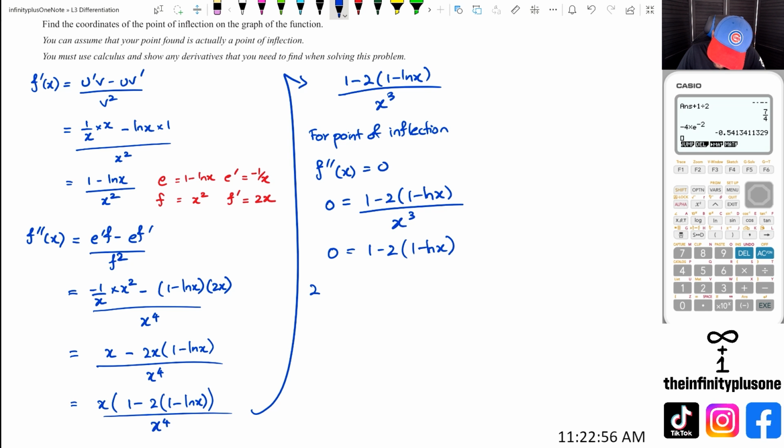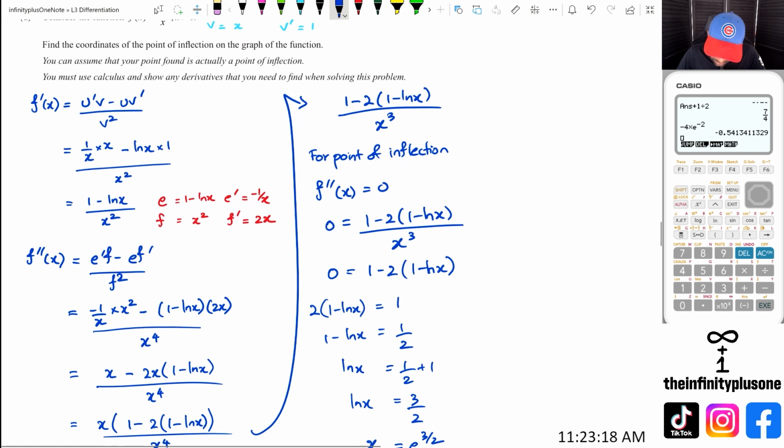Rearranging this, I'm going to get 2(1 − ln x) is equal to 1. 1 − ln x is equal to 1 over 2. ln x is equal to 1 over 2 plus 1. ln x is equal to 3 over 2. And then x is equal to e to the power of 3 over 2.